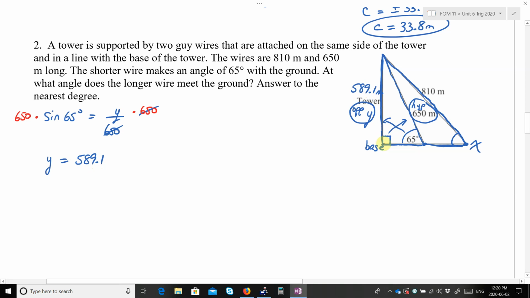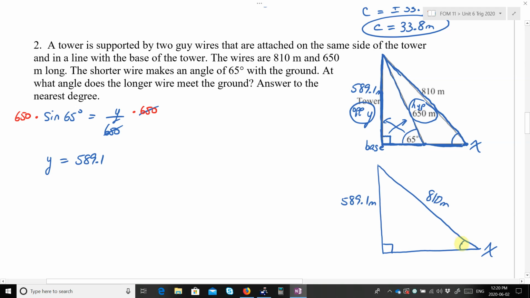And now we're going to use the big triangle here. It's got that 90-degree angle. So this is what I'm doing. I'm going to forget about the wire in between. I'm going to call this angle x that we're trying to find. This is 810 meters, and this is 589.1 meters.